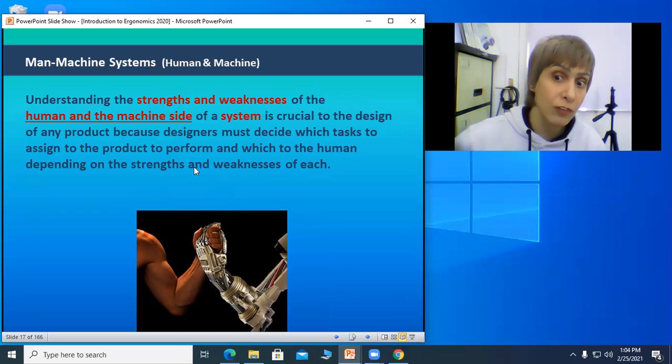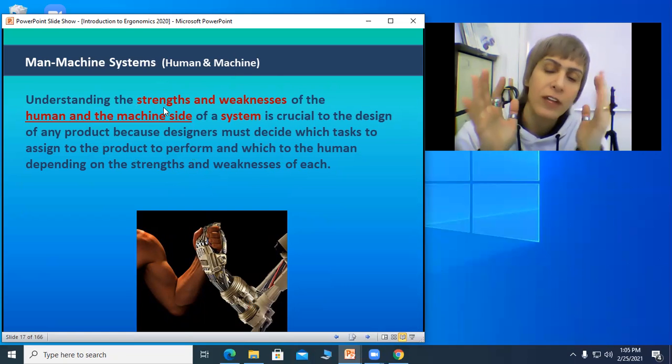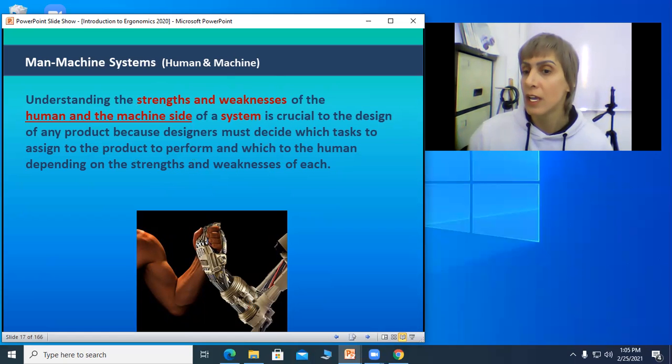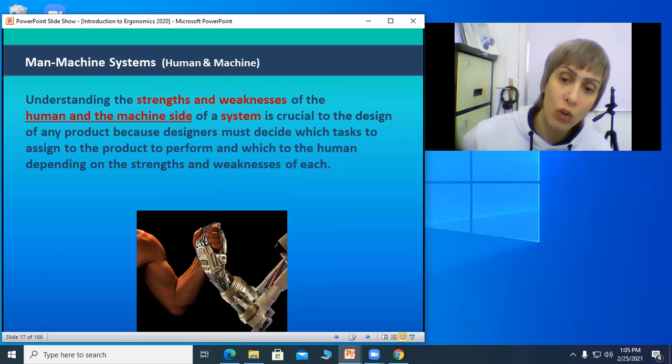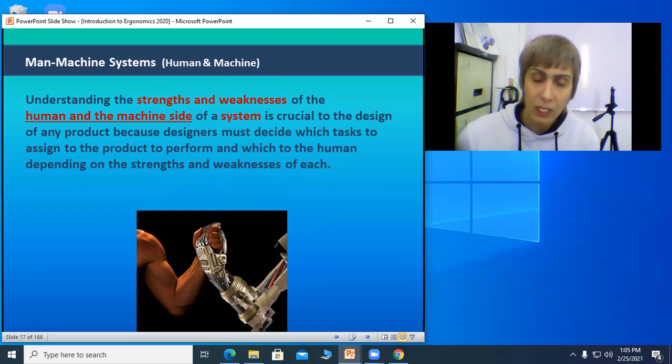Another thing about systems, okay? Why is it important to categorize things into system types? Because humans have certain strengths and also weaknesses, and machines also have strengths and weaknesses.